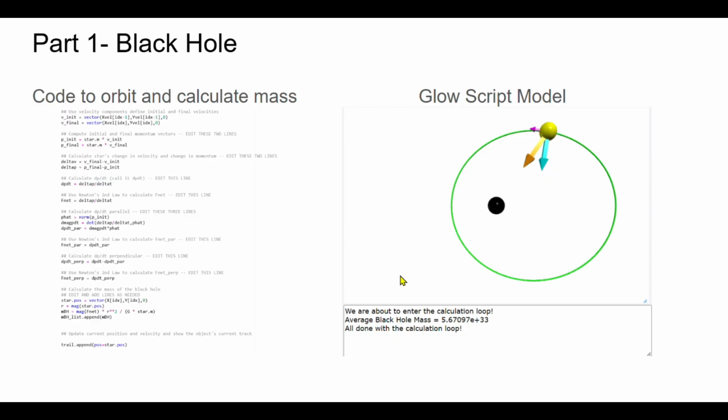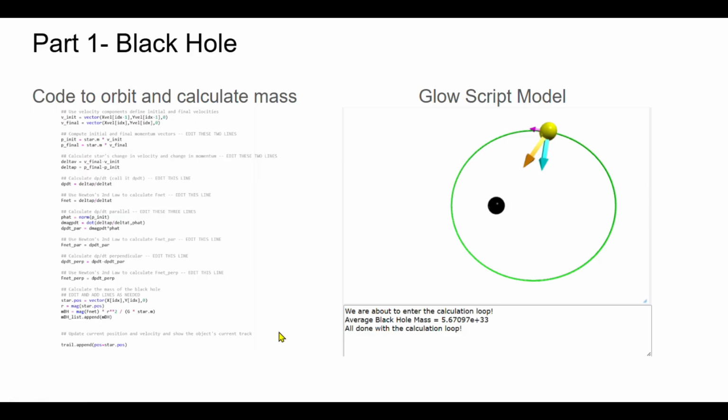For part 1, we're going to have our star orbiting around the black hole, and our goal is to determine the mass of the black hole, and this is kind of the main chunk of code that we'll be using. And you can see we have the F net equals the perpendicular force plus the parallel force, and then we have our universal gravitation formula in order to make that code.